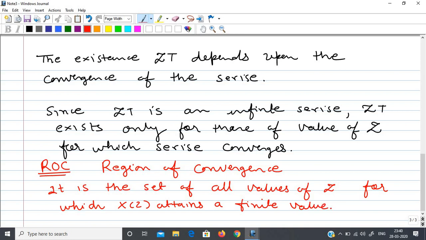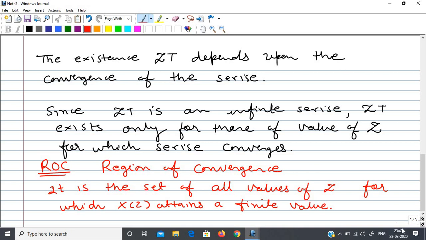So the set of values of z for which X of z exists, or for which this series is converging, we call that set the region of convergence of X of z.